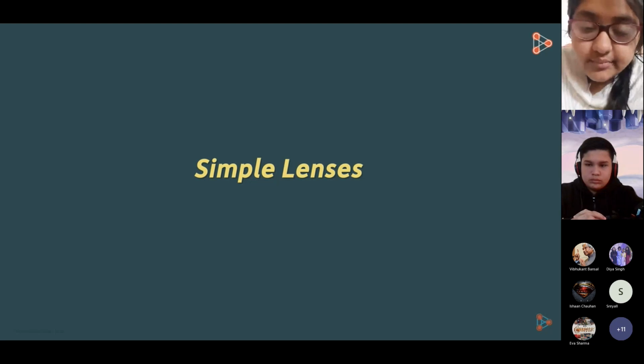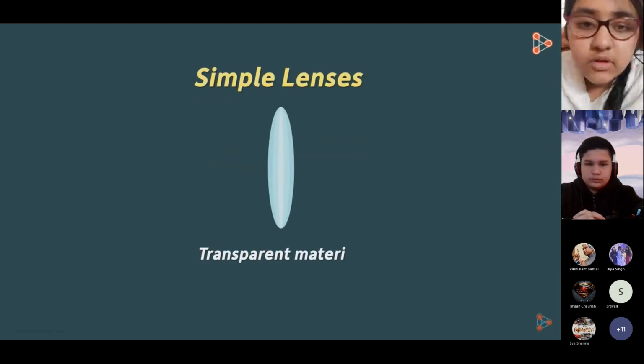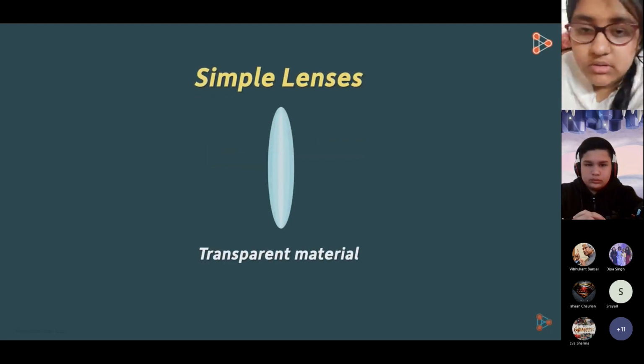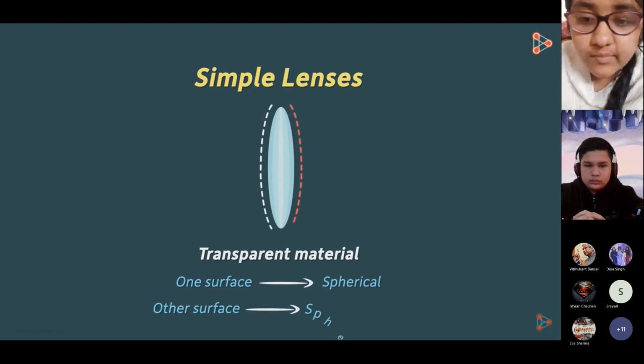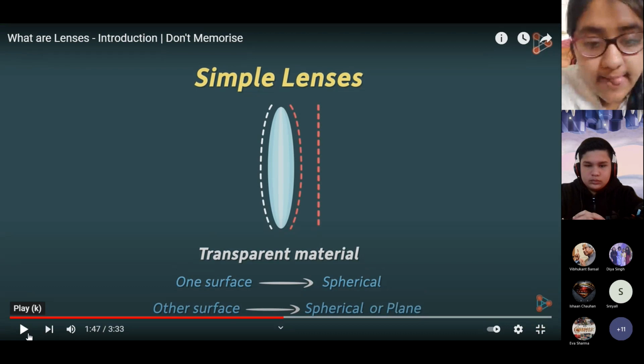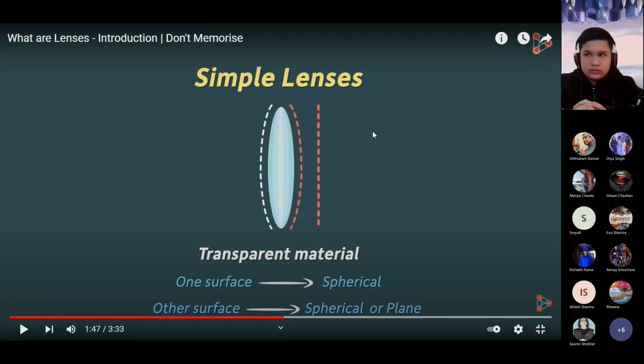What does a simple lens look like? A simple lens is a transparent material which is bounded by two surfaces, in which one of them is spherical and the other one can be either spherical or plane. By observing this, you can understand that from both sides it is spherical, and it appears like two slices of two different spheres joined through this middle line.